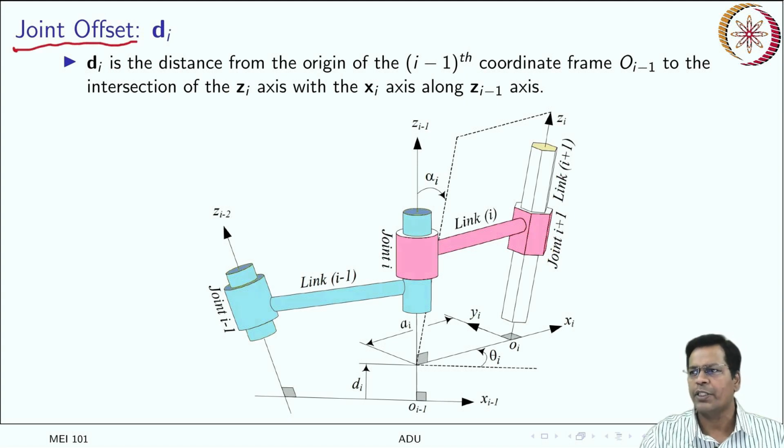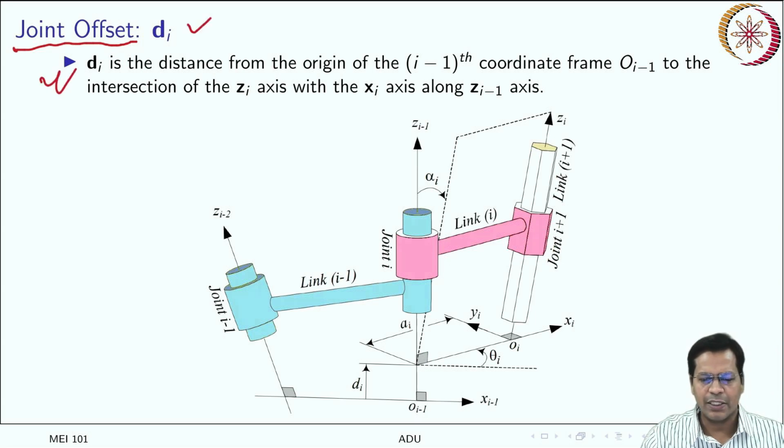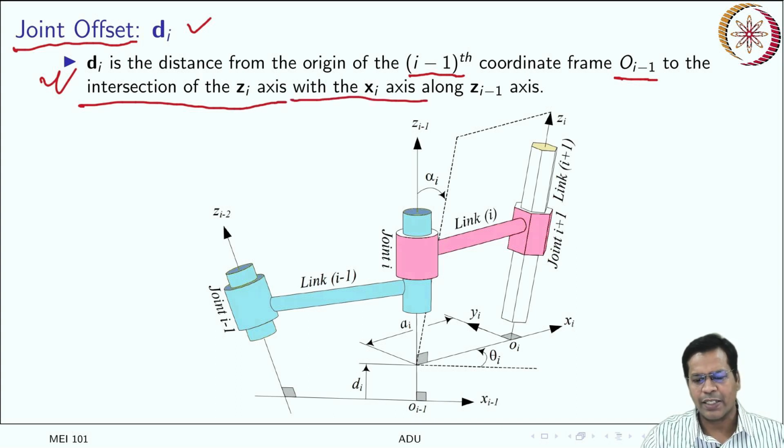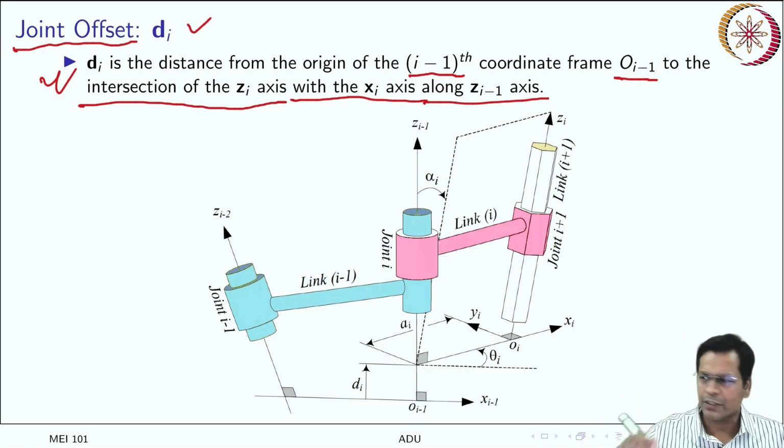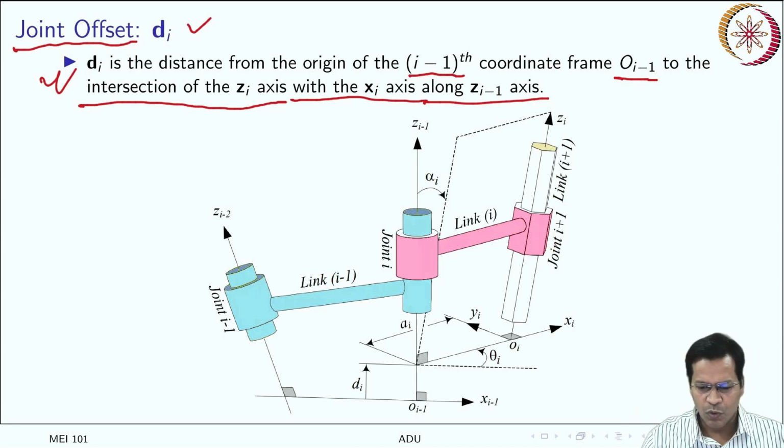From now on, I will be denoting that using di. di is the distance from the origin of the I minus 1th coordinate frame, O I minus 1, to the intersection of the xi axis with the zi minus 1 axis, along the zi minus 1 axis. Reading it may be quite difficult to understand, so let us look at the figure directly.